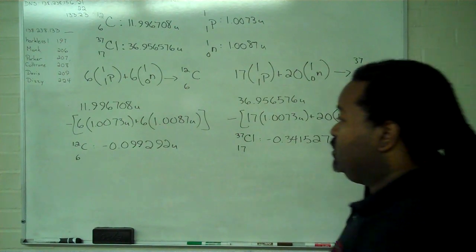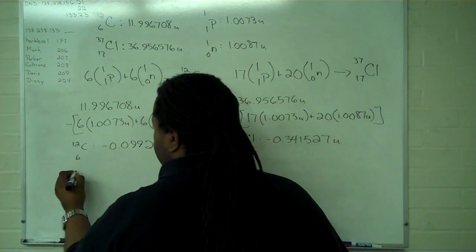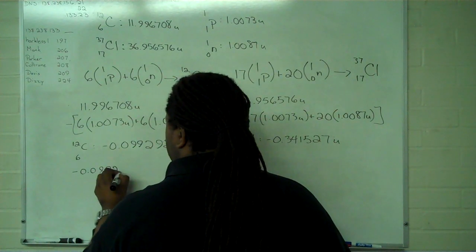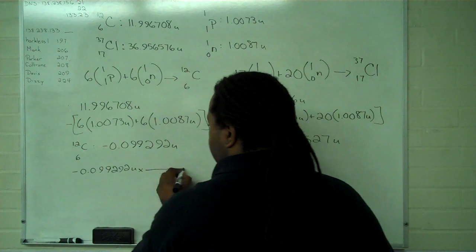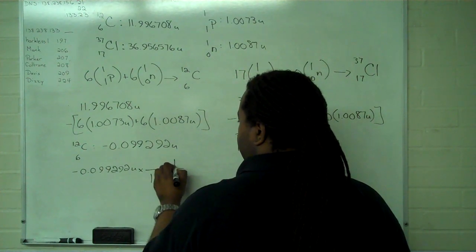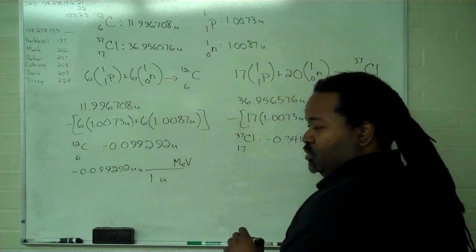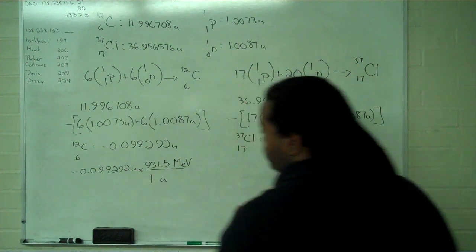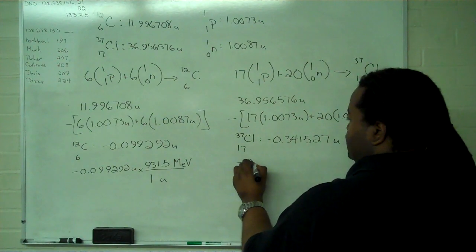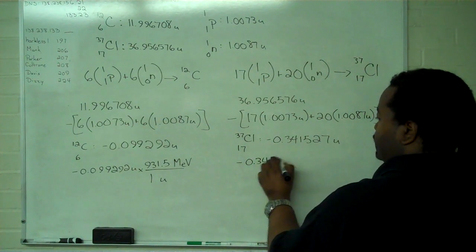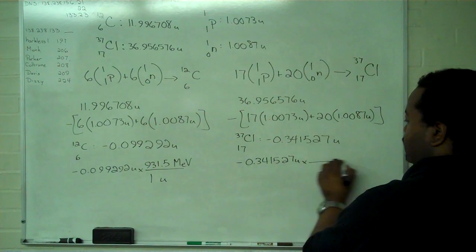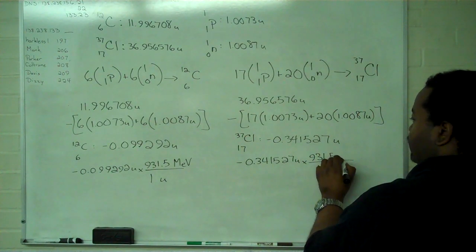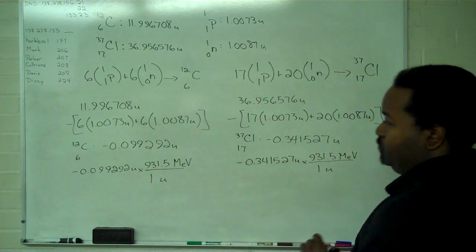And now all we need to do is multiply by a conversion factor. So to convert from atomic mass units to MeV, that's 931.5, and we'll use the same conversion factor here. 1 u is 931.5 MeV.